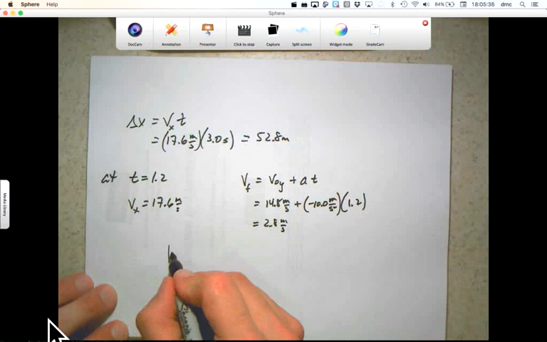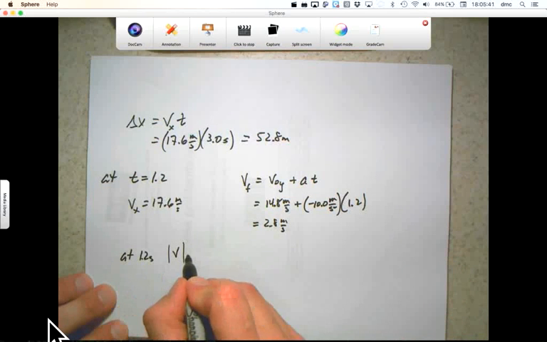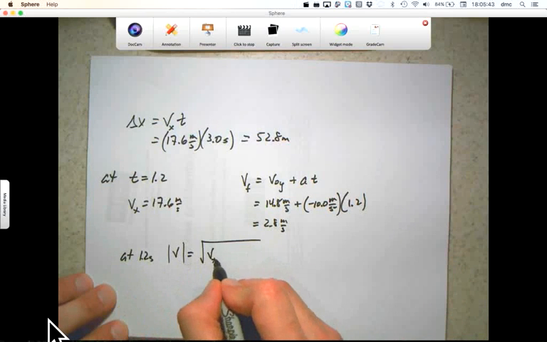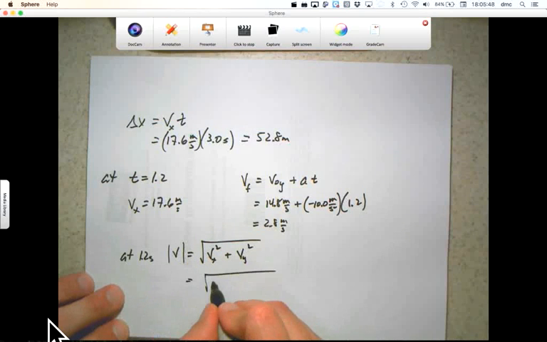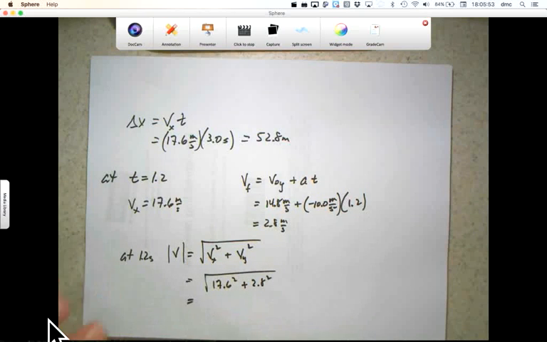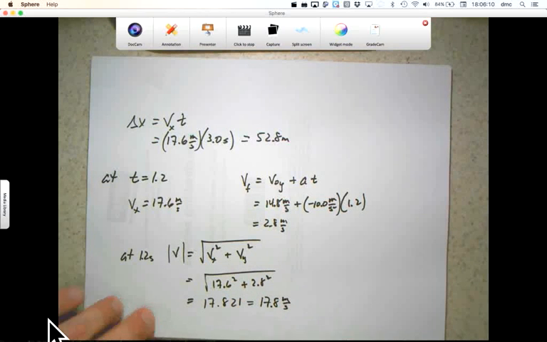So the actual magnitude of the velocity at 1.2 seconds is equal to the square root of the x component squared plus the y component squared, which is the square root of 17.6 squared plus 2.8 squared, and that's going to come out to be 17.821, so it's going to be 17.8 meters per second rounded to the nearest tenth.